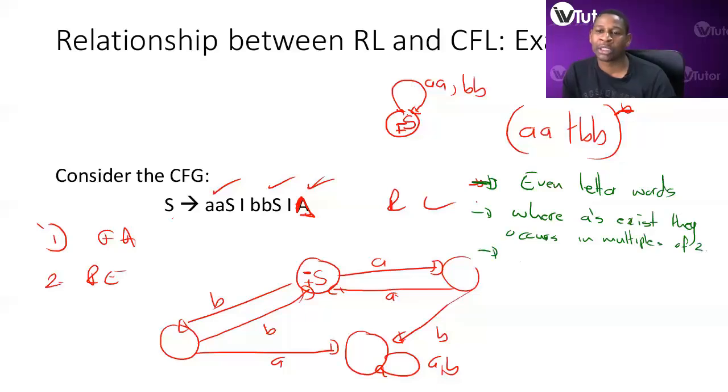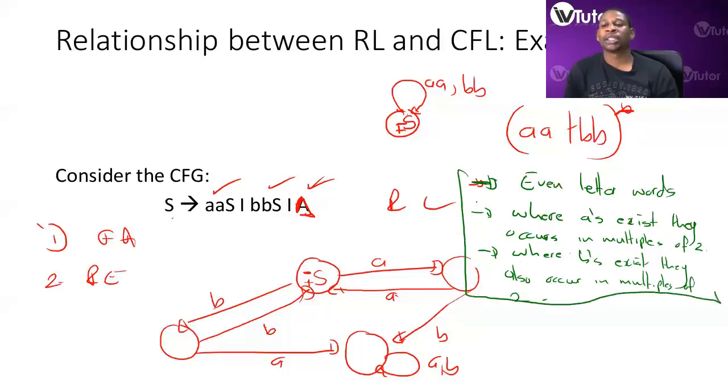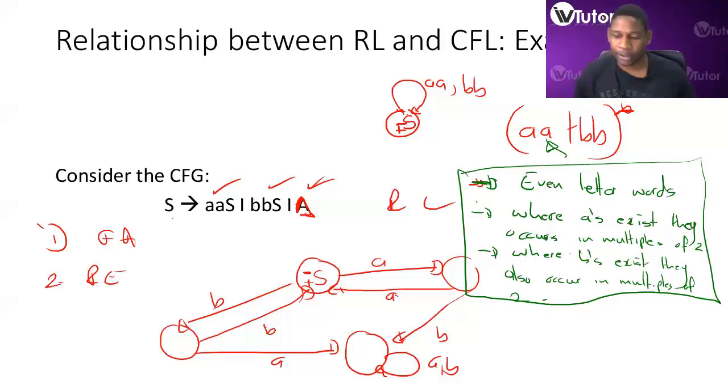And where B's exist, they also occur in multiples of 2. So if we combine this, we get the language described here. All right. Any questions? Cool. Let's move forward.